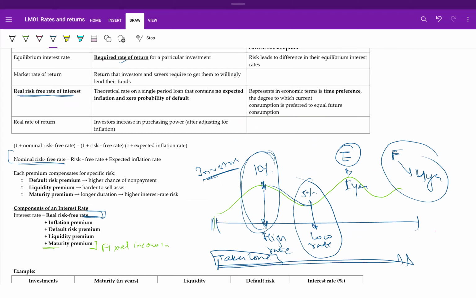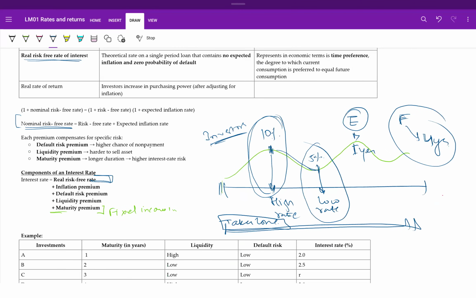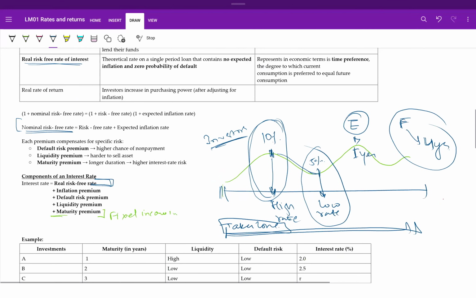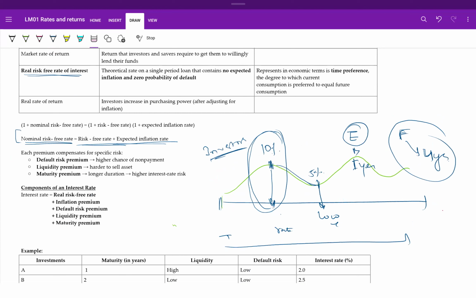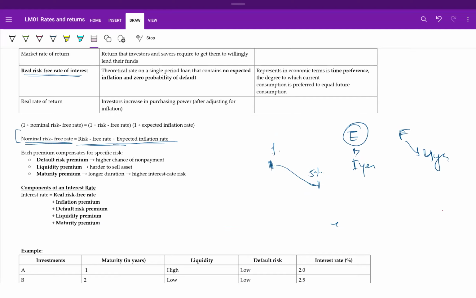This concept is important, and this is the foundation for tricky questions when we talk about rates and return. Understand this thing. When we talk about an interest rate, if the inflation premium is added into the interest rate, it will make the nominal risk-free rate. And the real risk-free rate does not include inflation.